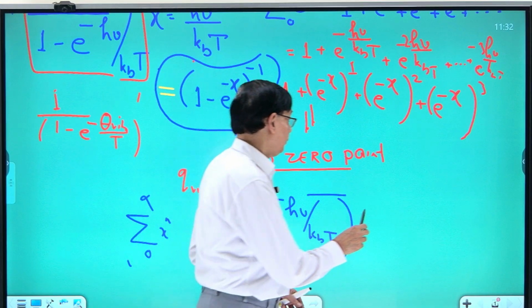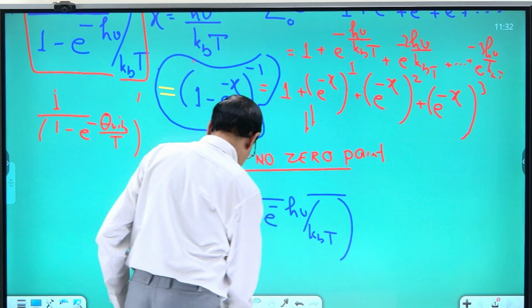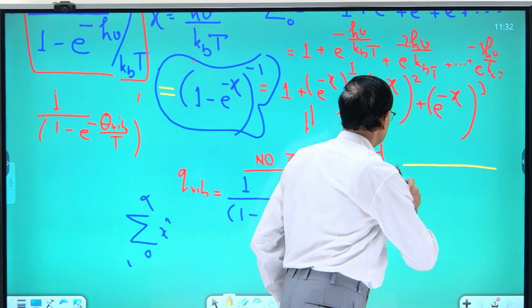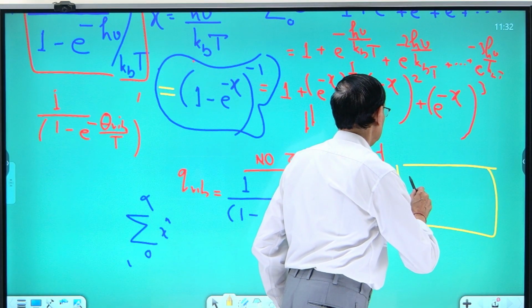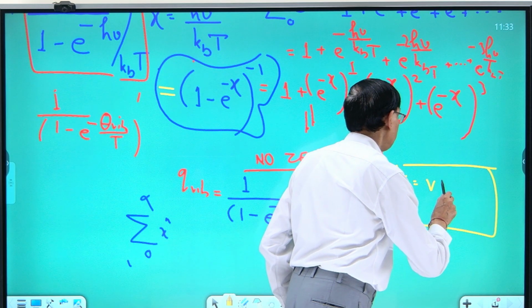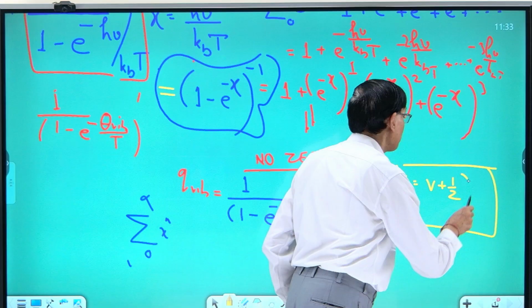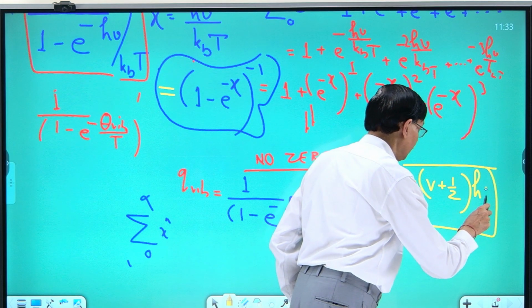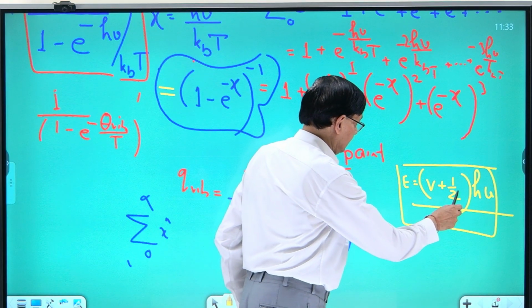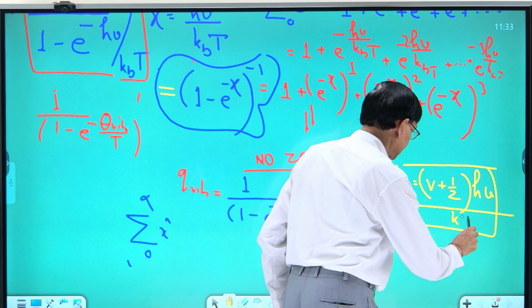Here I can use that E is equal to v plus half, h omega. So I have to consider everything, divided by kT.